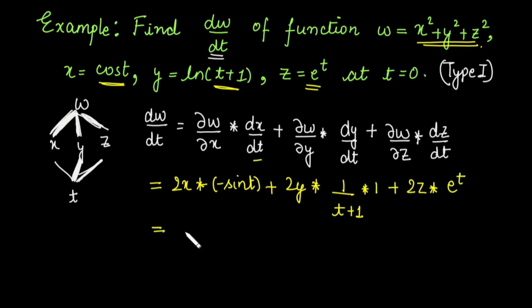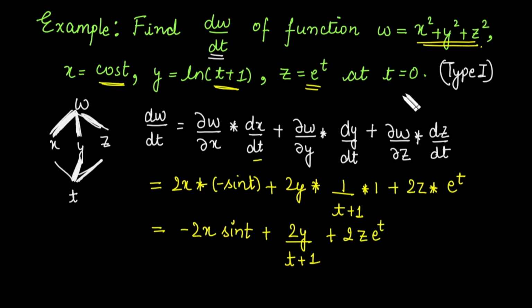Simplified form in this case is minus twice of x sin t plus 2y by t plus 1 plus 2z into e raised to power t.